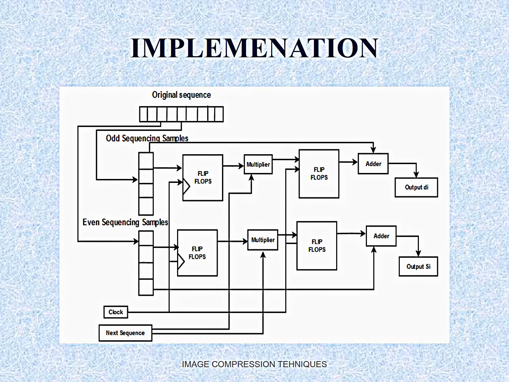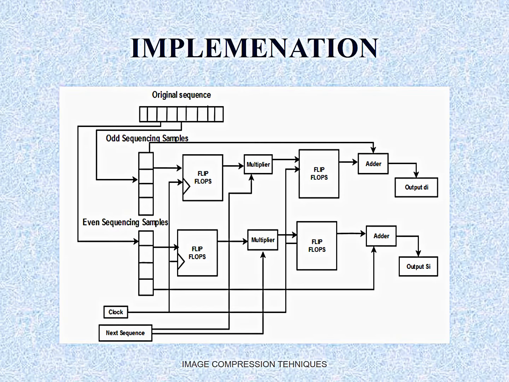Coming to the implementation part, the original sequence is passed on to two sequences, that is, shift registers. Basically, I am using shift registers for storing the odd sequence and even sequence. The shift registers shown here are only 4 bits, but usually I will be taking about 8 to 16 bits. Then it's passed on to a flip-flop or a register which can store the data sequentially, and after every data has been stored, it is given to the multiplier.